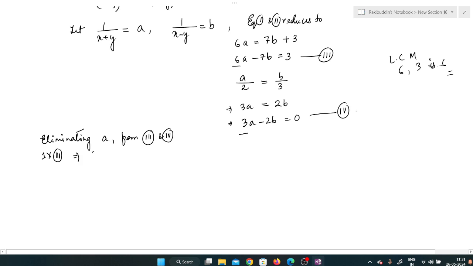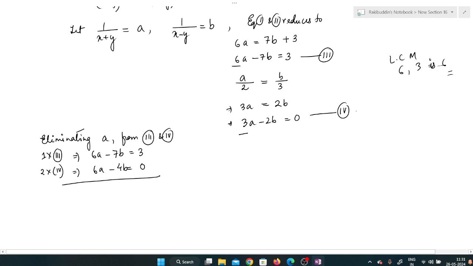It remains 6a minus 7b equals 3. But equation 4 I have to multiply by 2 to make the 3 into 6. So 2 multiplied to equation 4, I get 6a minus 2 times 2b, that is 4b, equals 0.